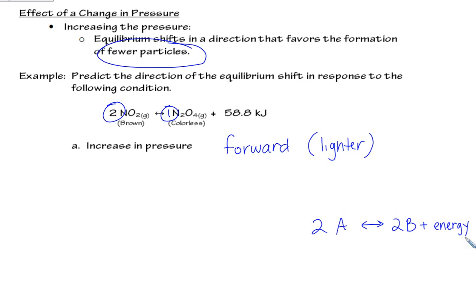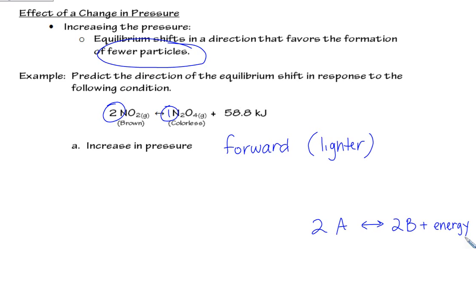Yes. If I shift away from energy, which in this little example would be reverse, then the particles have less kinetic energy, which would make fewer collisions, or maybe less forceful collisions. And then, yes, that could help to alleviate the pressure.